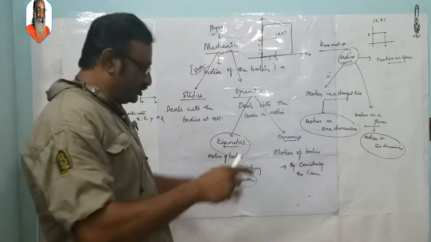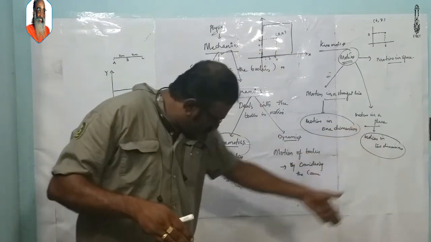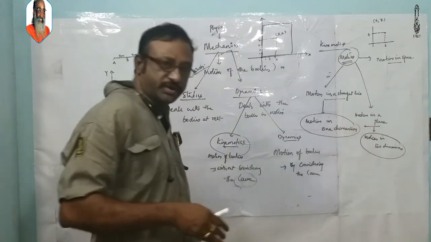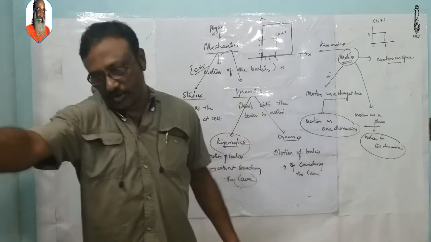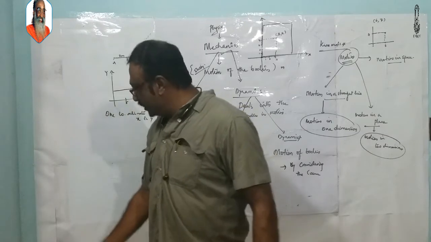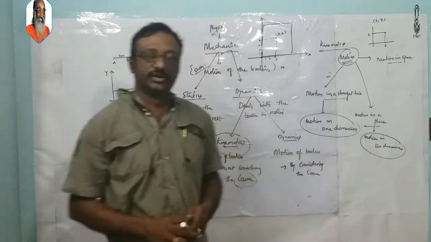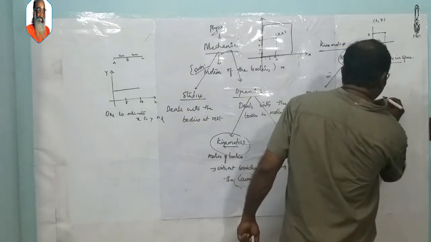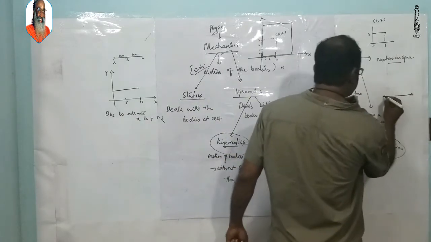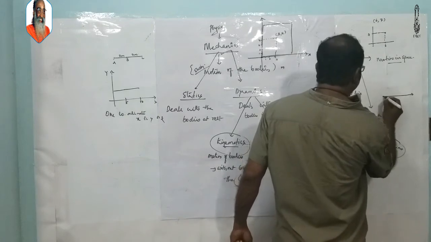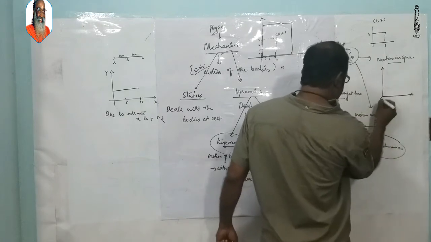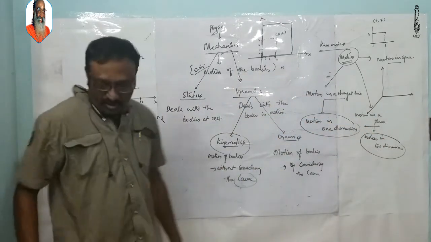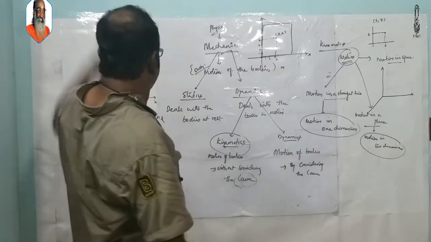If this is a room, this lower corner is one reference, this side is another, and this corner is another. So here we are taking three reference lines.